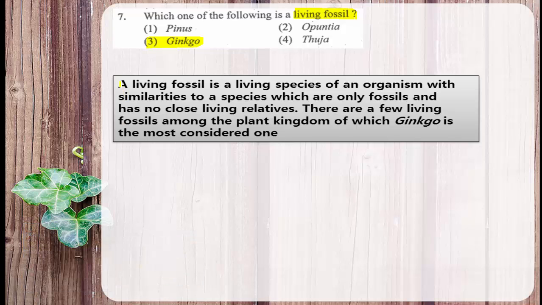A living fossil is a living species of an organism with similarities to a species which are only fossils and has no close living relatives. The only one is representing entire group. The remaining are completely extinct or they are available in the form of fossils.